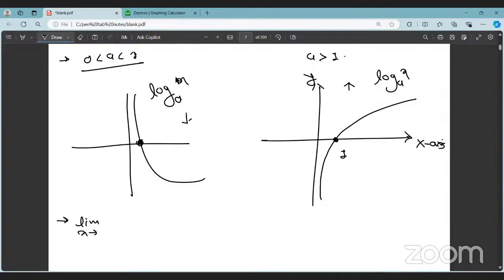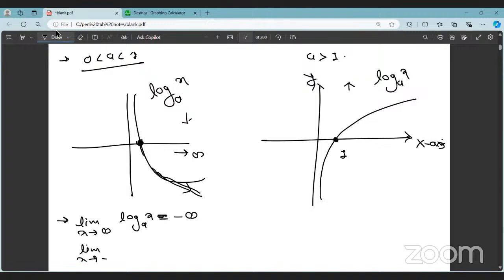If the limit as x goes to infinity of log base a of x, what will be the answer in this case and in this case? In the first case, minus infinity, right? Because as we move towards infinity, the graph follows a more decreasing pattern. That's why it will be minus infinity.